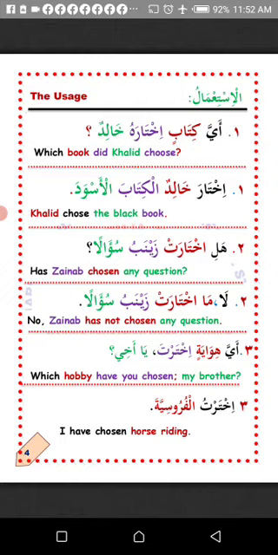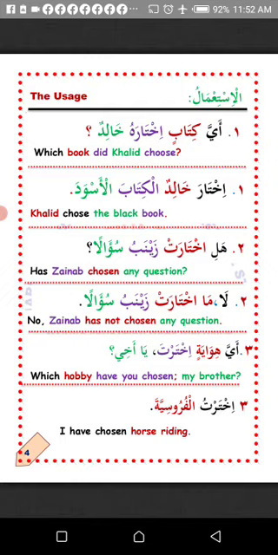Which book has Khalid chosen? The second way of reading it: أي كتاب اختاره خالد. I repeat: أي كتاب اختاره خالد. Which book has Khalid chosen? I hope you understand. MashaAllah. Now the answer.